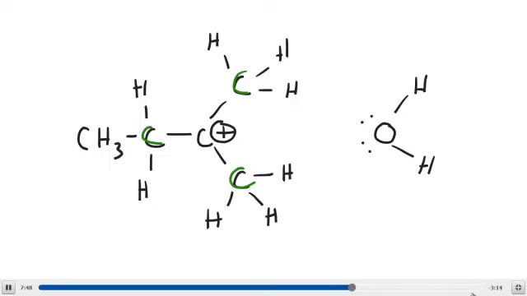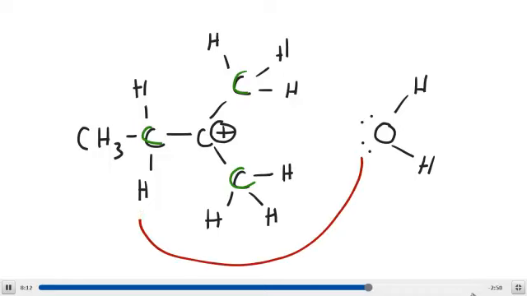So I'm looking at the hydrogens on these adjacent carbons. Now if I do this, I would like to make the most stable alkene possible. So you want to follow Zaitsev's rule, which states that you remove the hydrogen from the carbon with the fewest number of hydrogens. So I'm going to do it from the carbon that has two hydrogens. I'm going to be able to make a more stable alkene by doing that.